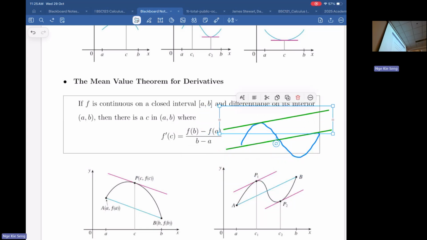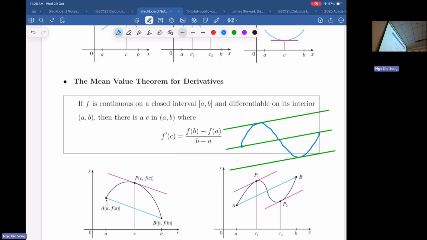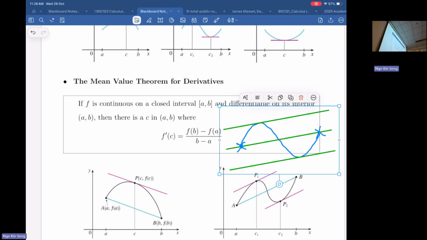Okay, so this is how I build it. I'm not redrawing it. I'm borrowing the same tangent line so that I can show you it is going to happen. Then I think GoodNotes has updated such that I can rotate it. Let's test out this function here. Yay, I can rotate. So if I rotate this to horizontal, this is just Rolle's theorem.